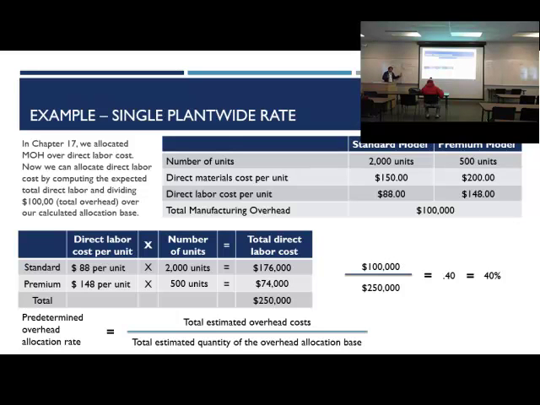Do we kind of get it? Okay. Let's do the premium. What would the premium cost? What's our direct materials cost? Okay, direct labor. How do we calculate manufacturing overhead?